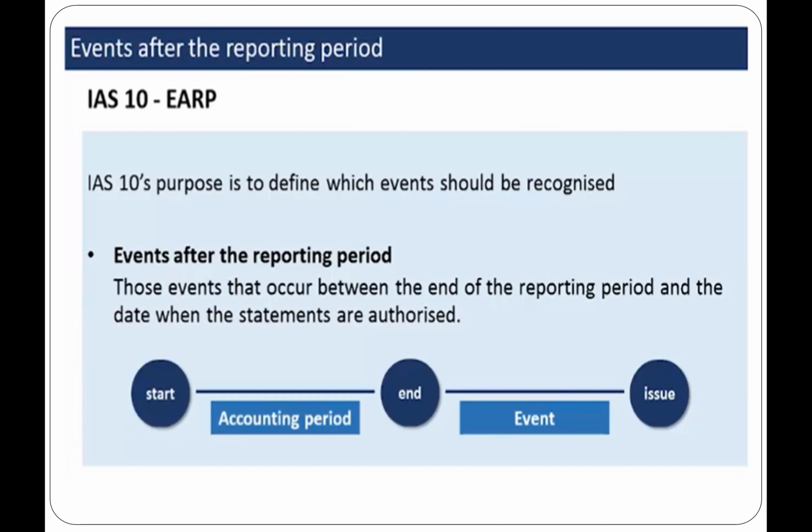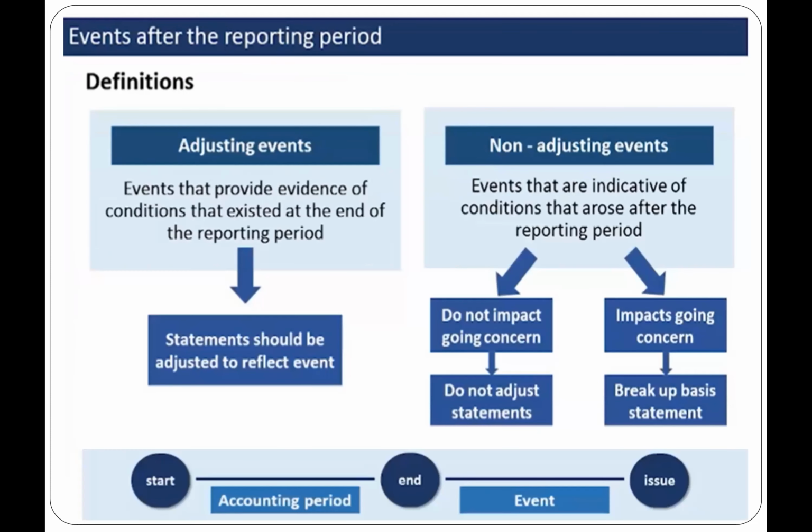So we want to determine how we are going to deal with those events by first categorizing them into two categories: adjusting events and non-adjusting events. Adjusting events are events that provide evidence of conditions that existed at the end of the reporting period. We get information on 5 January about things that happened as far back as November.